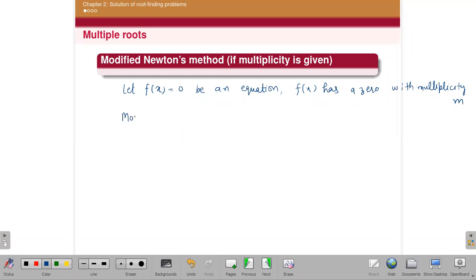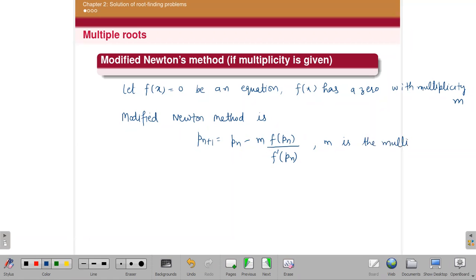Then the modified Newton method is p n plus 1 is equal to p n minus m times f of p n divided by its derivative. So this is called the modified Newton method. Here m is the multiplicity of the root required.